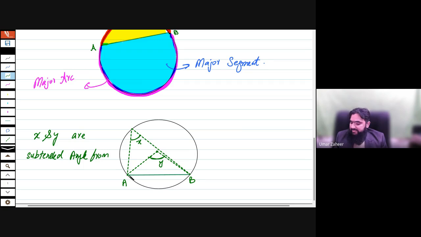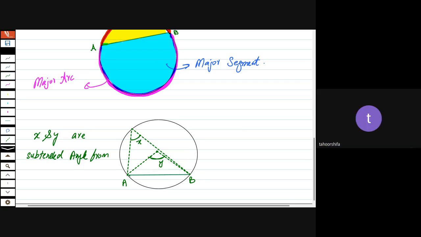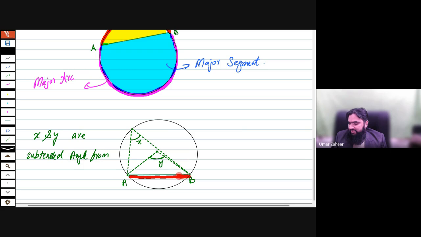It is from segment AB, or in other words, from chord AB. All of these things are exactly the same. Mostly we are going to be using the word segment. It is a subtended angle from the segment AB.